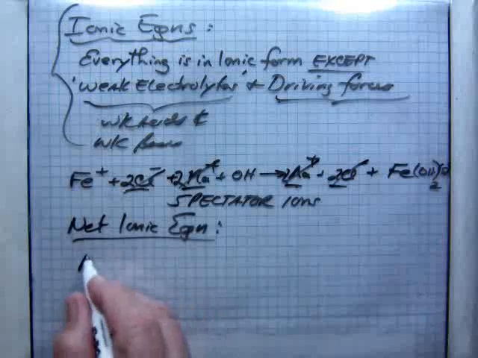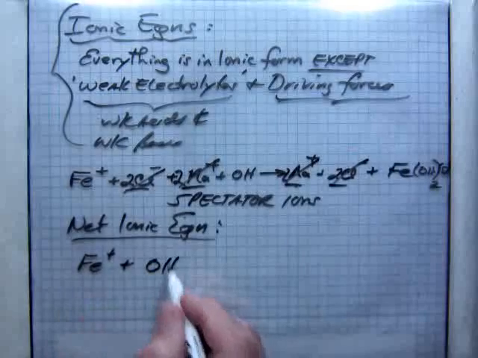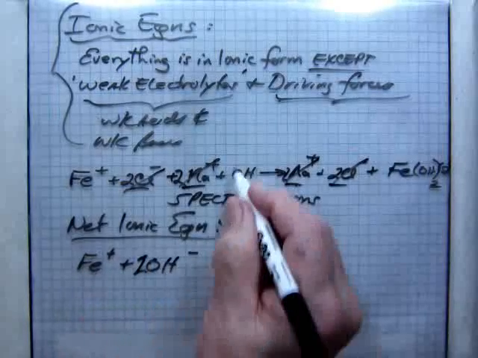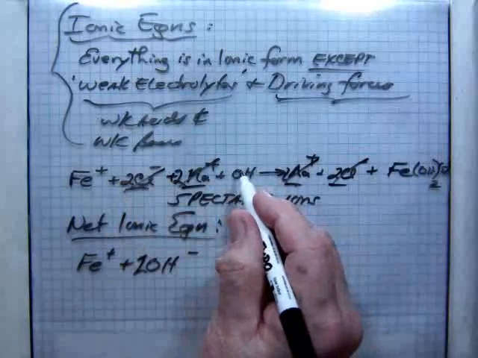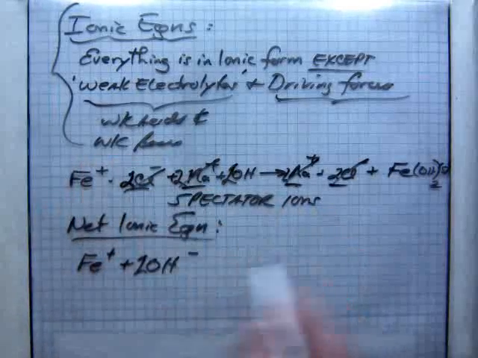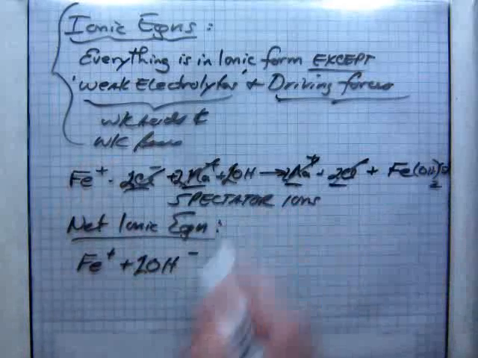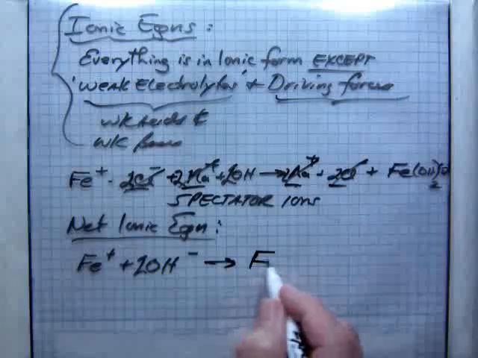And that leaves iron and hydroxide, actually 2 of them. Chlorides fall out, 2 hydroxides, and that goes to iron hydroxide. There we go.